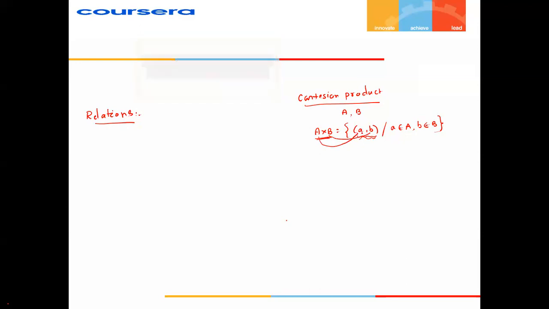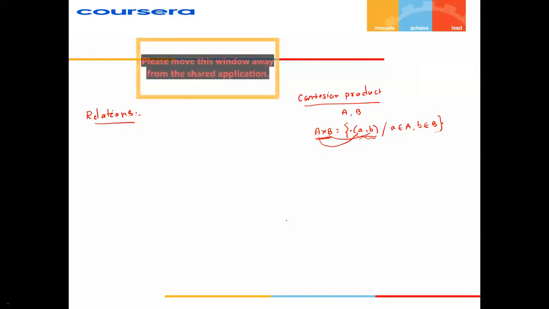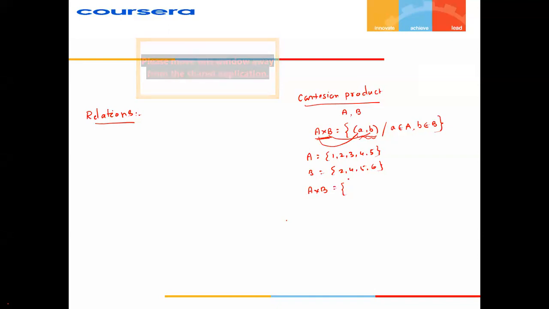So when we form this Cartesian product, we can look for a relation that exists between these two sets. We can define it like this. If A equals 1, 2, 3, 4, 5 and B equals 2, 4, 5, 6, then we want A cross B. If it is simply A cross B, we have 1, 2, that is from this with this.